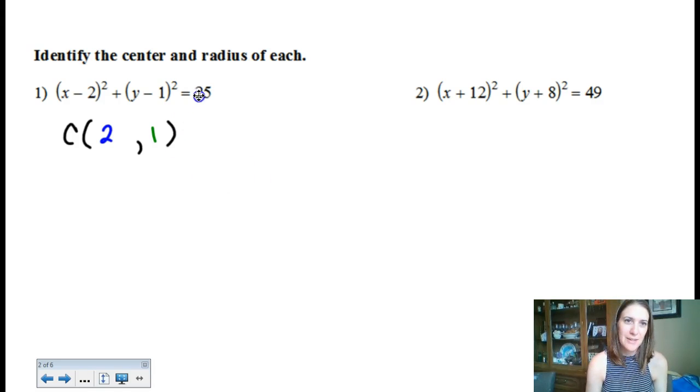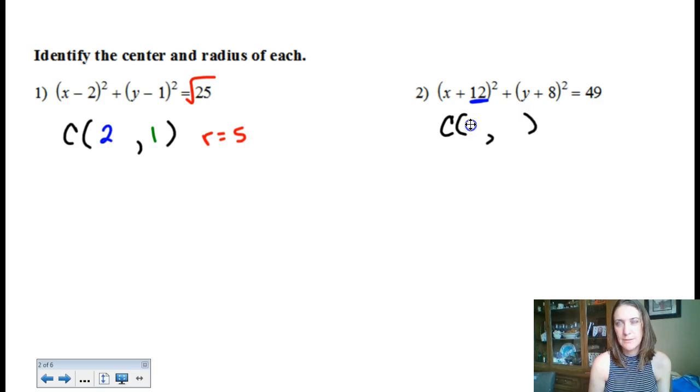And the length of the radius is the square root of this, which is 5 units. We're not graphing yet, just finding the location of the center and the length of the radius. So in here, the center is at negative 12, negative 8. And the length of the radius is the square root of 49, which would be 7 units.